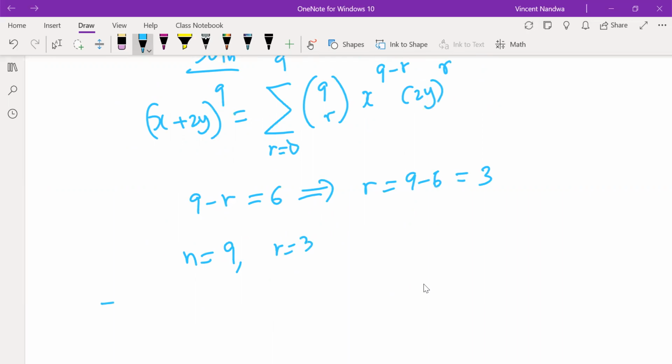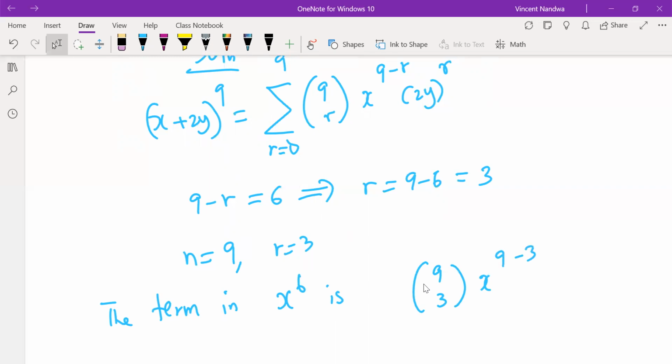Therefore the term in x^6 is 9 combination 3, x^(9−3), (2y)^3.